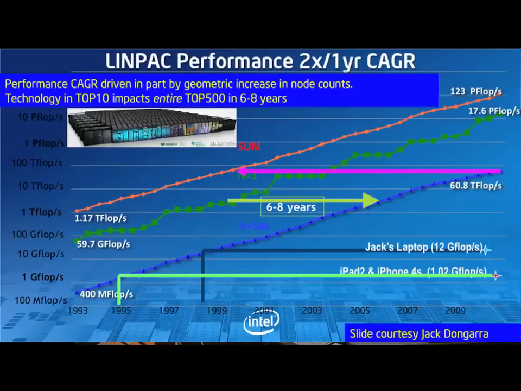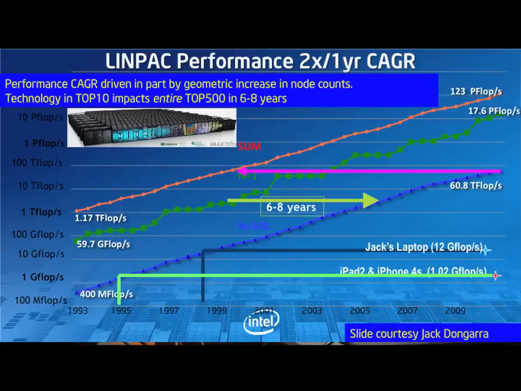If you look at the performance over the years from 1993 through 2013, what we see is in aggregate, which is the top line, the sum of all the systems on the Top 500 list, and the top system on the list, there in the green in the middle, and then the bottom system on the Top 500 list, all of those curves are going up at twice the compound annual growth rate, CAGR, of the base silicon technology.